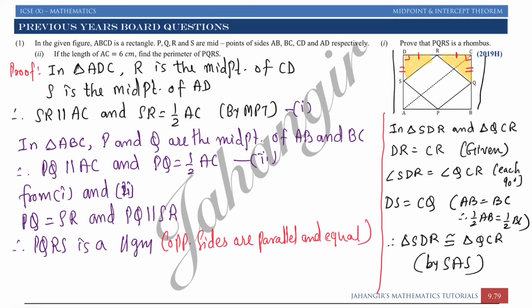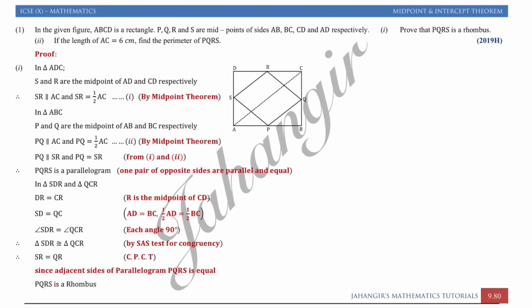Once the triangles are congruent, by CPCT we can say SR is equal to QR.